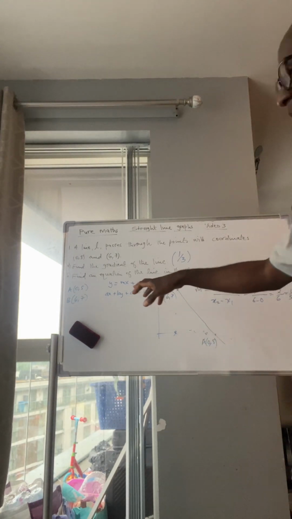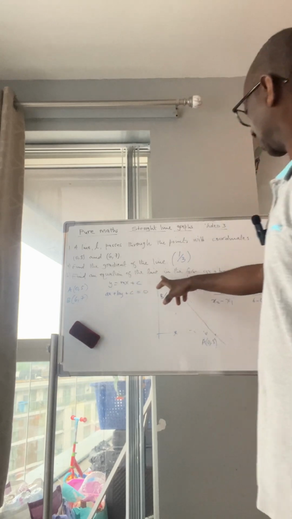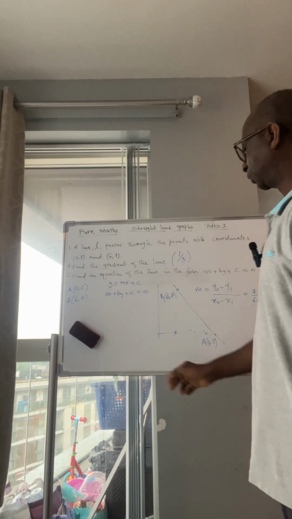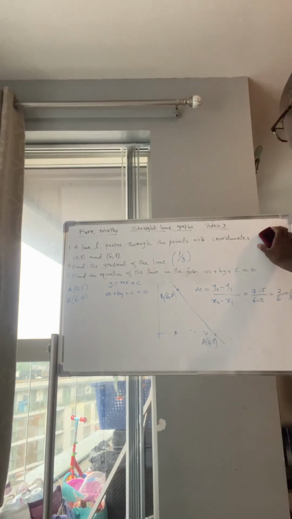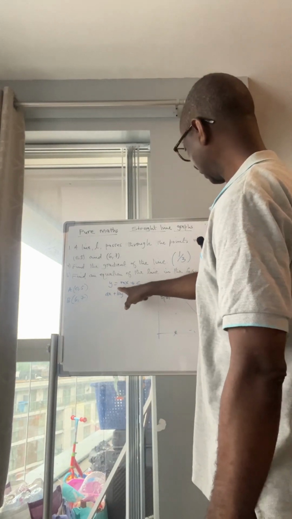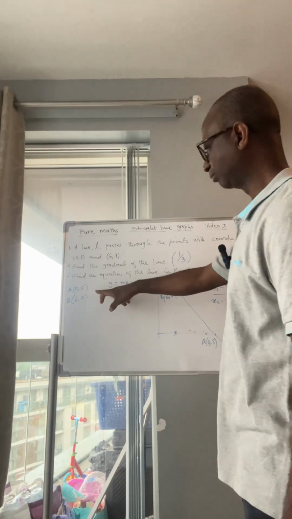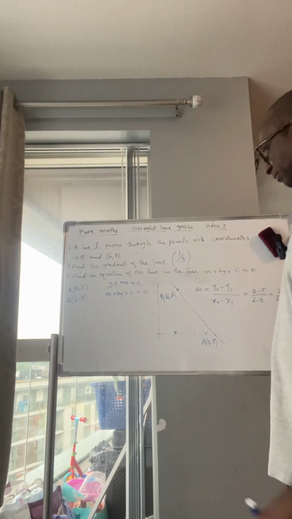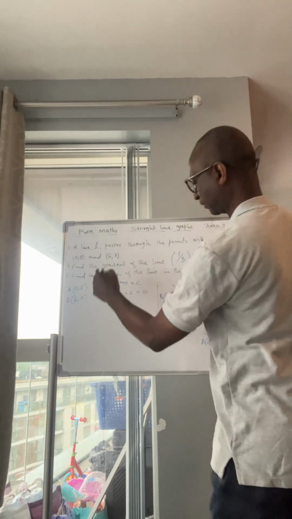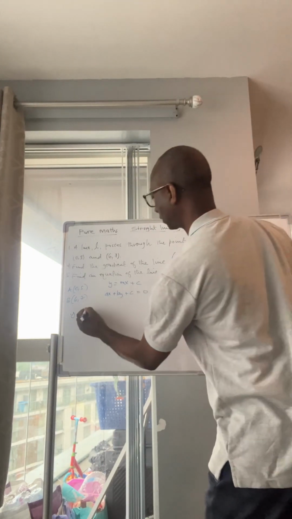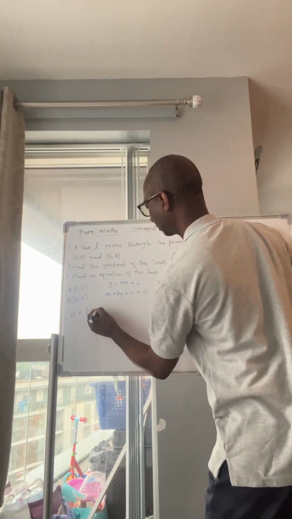So the second question says, find an equation of the line in the form ax plus by plus c equals 0. So let's do that. Now you know the gradient of the line, and you know the equation of a line is y equals mx plus c. So you now have y equals m, which is the gradient, which is 1/3, x plus c.